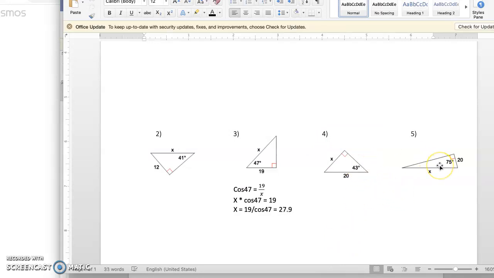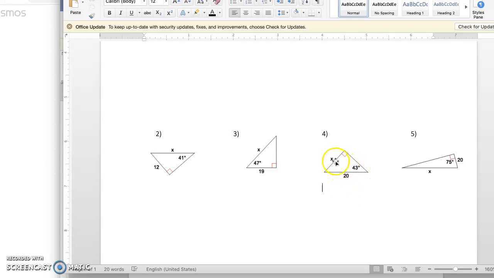Now the last two are very similar, but I'll walk you through what those would look like, and you can try the math out on your own. So in number 4, we are dealing with 43 degrees, and I'm going to solve for x. And what I notice is 20 is the hypotenuse, not the adjacent side. And I know it's the hypotenuse because it's across from the right angle, so just be careful when the triangle is twisted around.